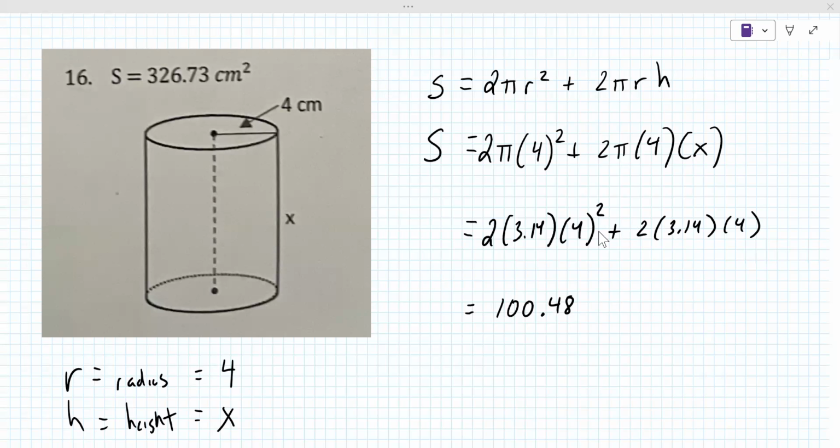I'm asking you, Sourish, to multiply the one on the right here: 2 times 3.14 times 4.